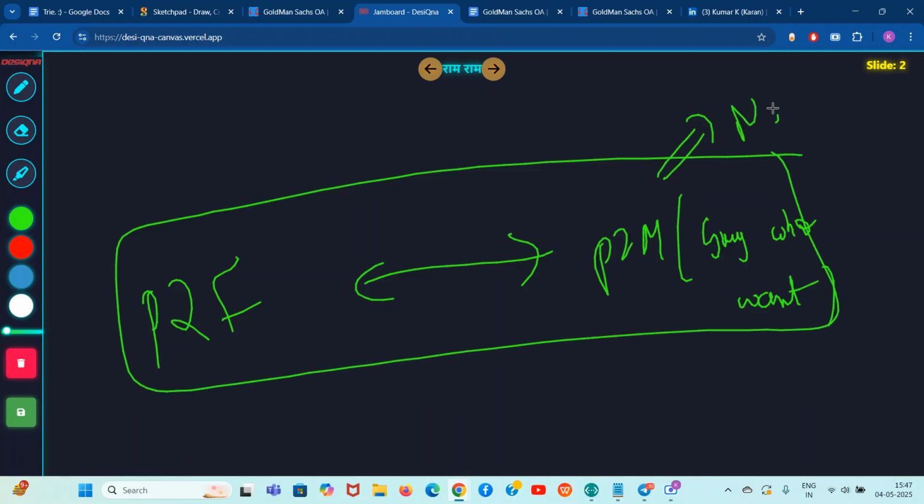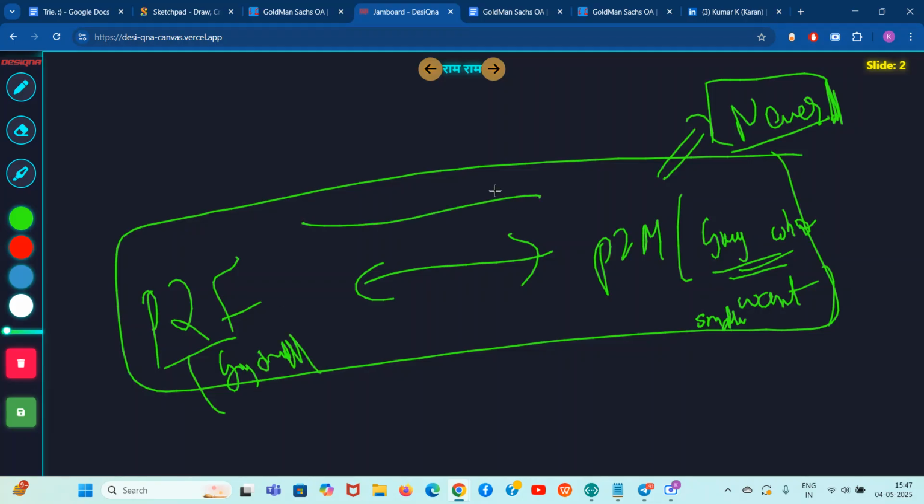Why is it never possible? These are the guys who want girls smaller than them, and these are the girls who want guys smaller than them. So even a single relationship is not possible between P2F and P2M.